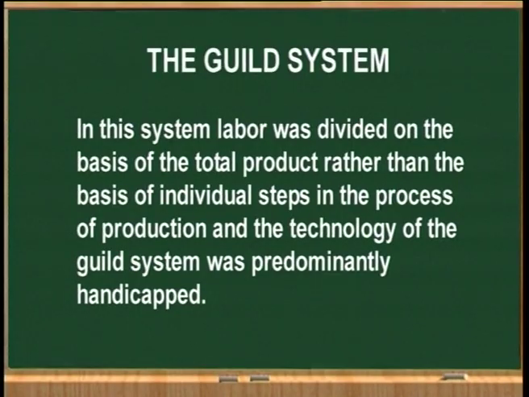The social relations of work depend primarily on the division of labor and on the type of technology. In this system, labor was divided on the basis of the total product rather than on the basis of individual steps in the process of production, and the technology of the guild system was predominantly handicraft.